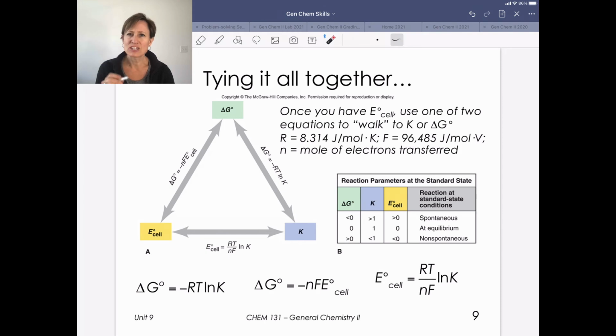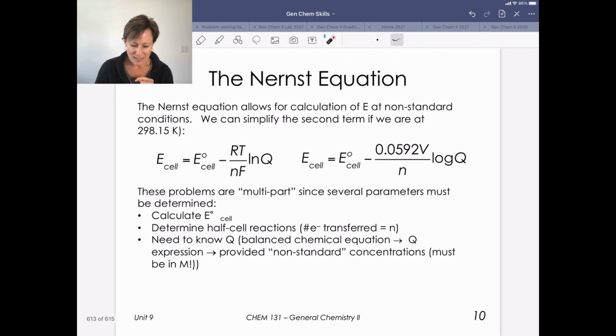So you may need to do what we did in Skill 1 or in diagramming a voltaic cell, learning how many electrons are traded back and forth, because that N becomes part of these equations. So it's a necessary part of determining either free energy or an equilibrium constant. Okay, so all of these pieces coming together from a calculation standpoint. One last piece to highlight is something called the Nernst equation.